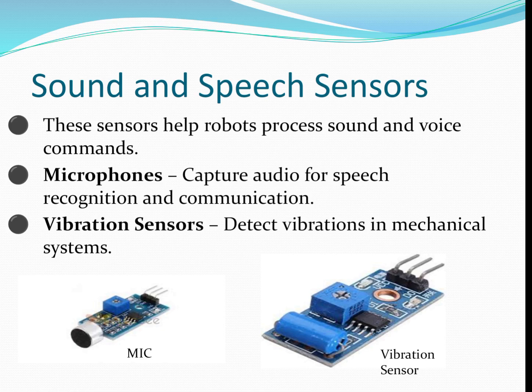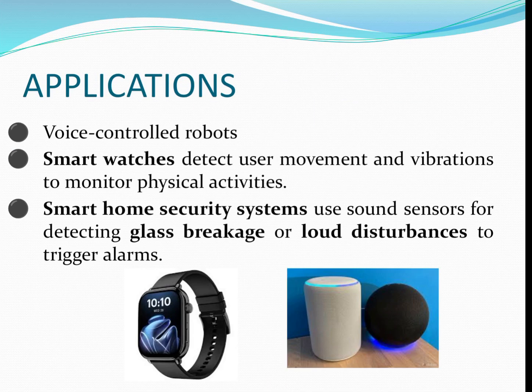Sound and speak sensors. These sensors help robots process sound and voice commands. Microphones and vibration sensors are examples of sound sensors. A microphone captures audio for speech recognition and communication.